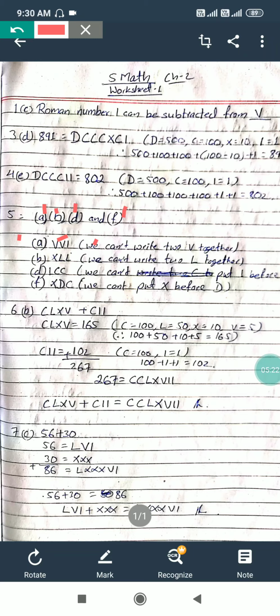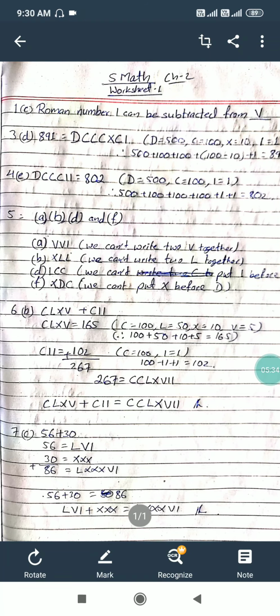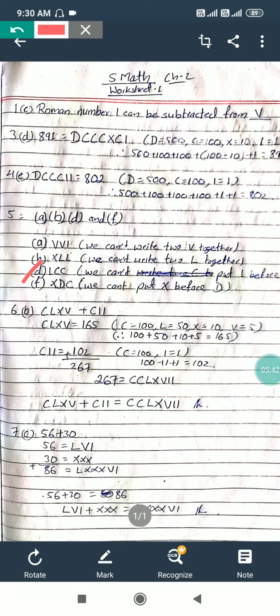I should not be put before C. Some time ago we read that Roman numeral I can be subtracted from V and X. Similarly, I cannot be written before C here in D. So this one is also wrong, written out of the rule. Now number F, XDC. Same here. We can't put X before D because it is out of the rule.